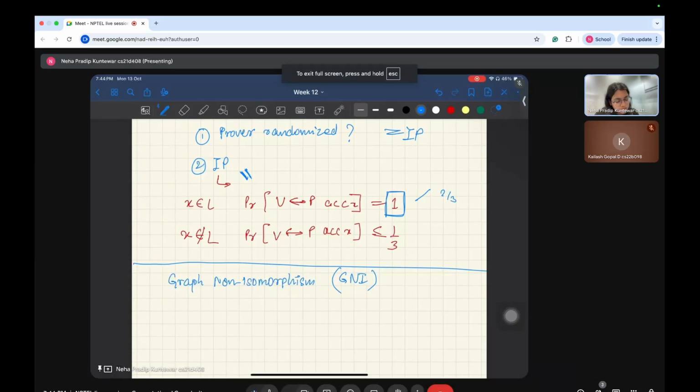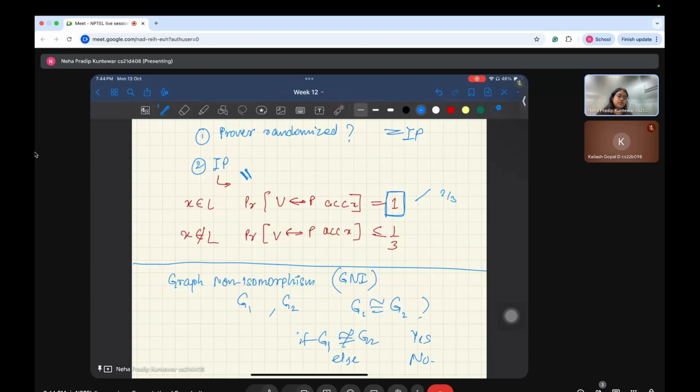Given two graphs G1 and G2, you want to check whether G1 is isomorphic to G2. If G1 is not isomorphic to G2, then you want to say yes. If G1 is isomorphic, then you want to say no. So this is the complement of the graph isomorphism problem, which is in NP. This problem, however, is in co-NP.